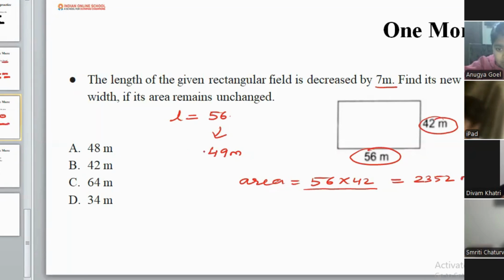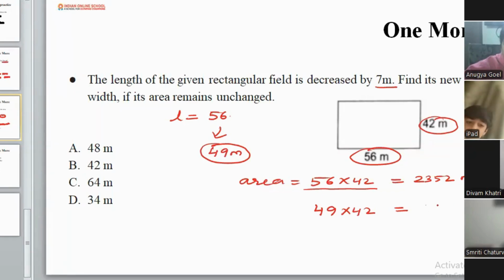Correct. Now if we reduce the length, the new length becomes 49 and the breadth is the same, 42. Then what is the area? 2058 meter square.